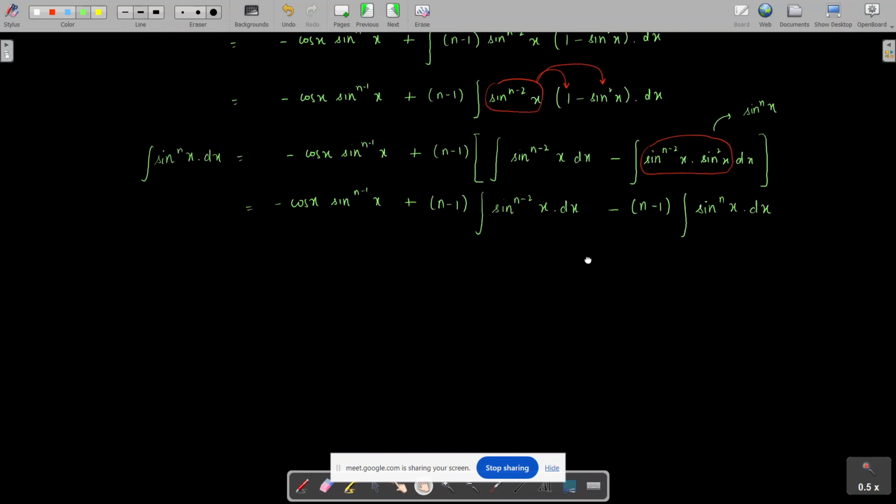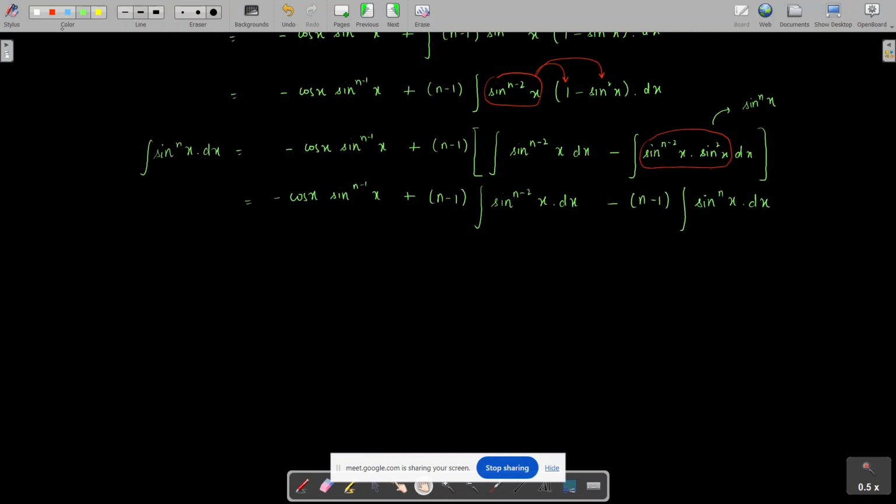Now I'm going to distribute this n minus 1 inside. Just bear with me for 2 minutes. It's very near to the completion. Actually we are distributing this integral. You multiply this first with n and then with negative 1.